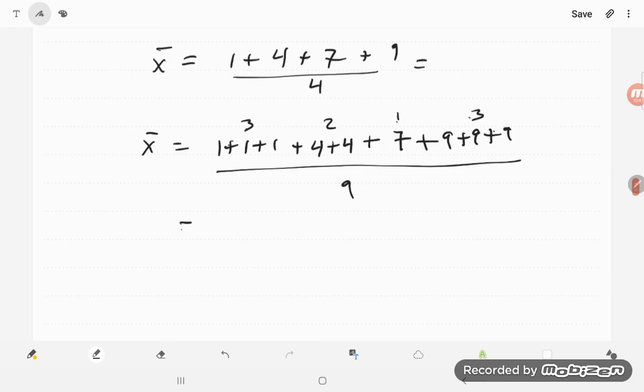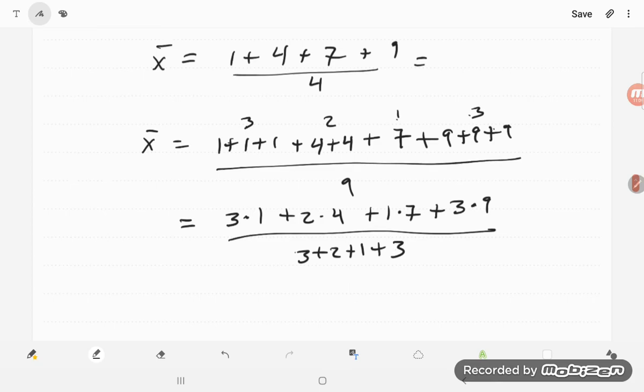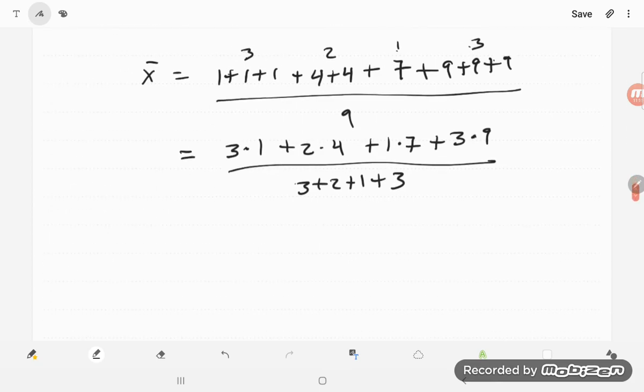Okay, well, a little bit shorter way to write this would be 3 times the 1 plus 2 times the 4 plus 1 times the 7 plus 3 times the 9, all divided by the 3 plus the 2 plus the 1 plus the 3, because that adds it up. Now, in a notation, if I call these numbers the multiplicities, oh, that's an m.